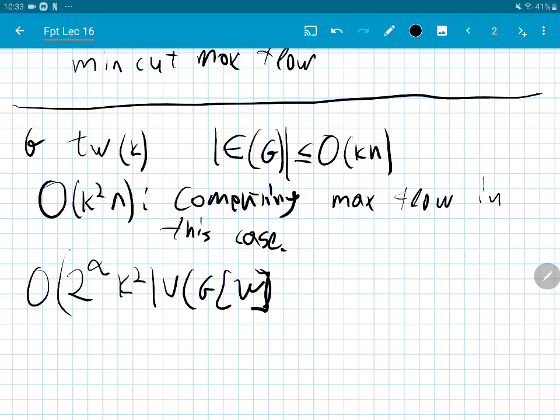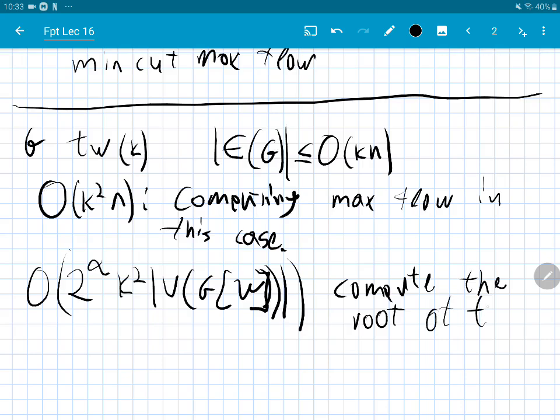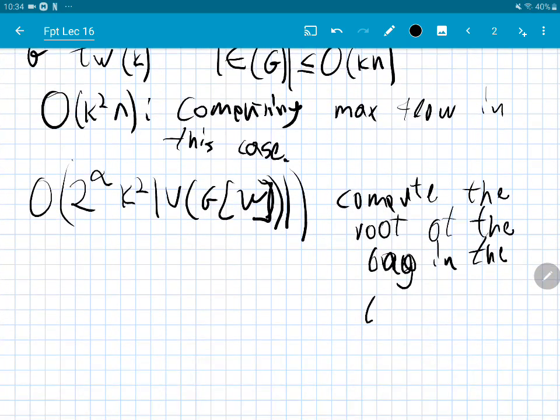So this is the time it takes us to compute the root bag in the tree decomposition. And then we continue recursively. Once we have this separator node, we know the pieces and we continue recursively. So this all is going to work. Alpha is something like 3k plus 4.